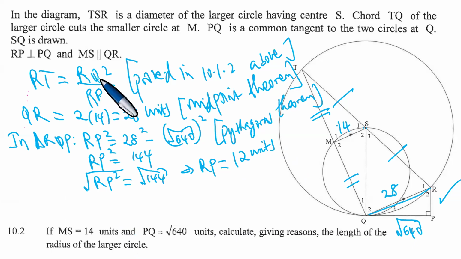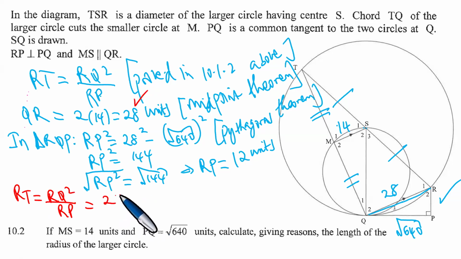So now we have our RP and our RQ squared, so we get everything we want. Now we need RT, but we can clearly see that if this is R and this is T, this is a diameter because it passes through the center of the larger circle. RT is exactly RQ squared divided by RP. RQ is 28, squared, divided by RP, 12.